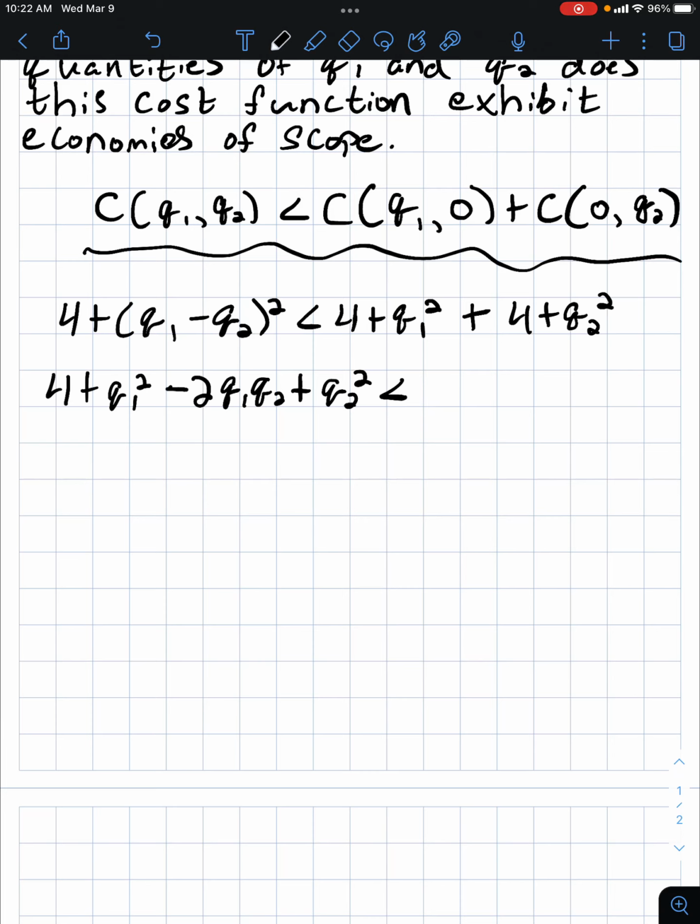Let's simplify the right-hand side: 8 plus Q1 squared plus Q2 squared. Now from here, what can we eliminate?